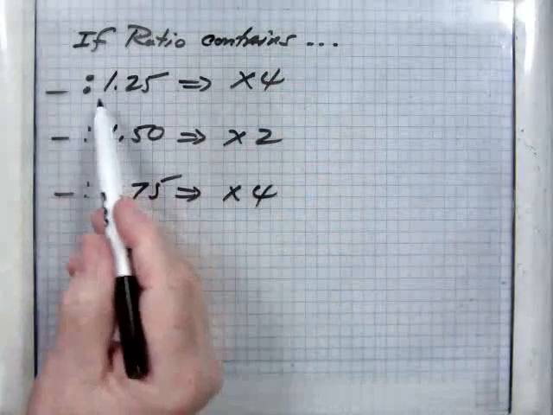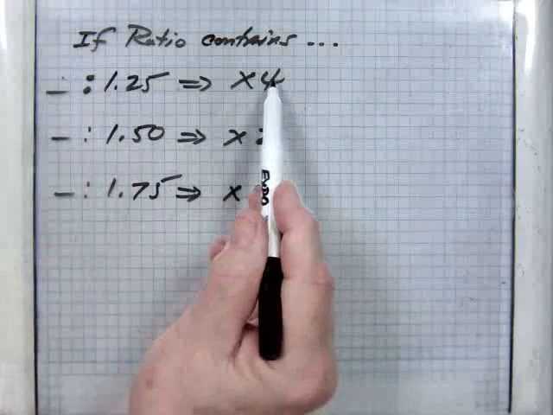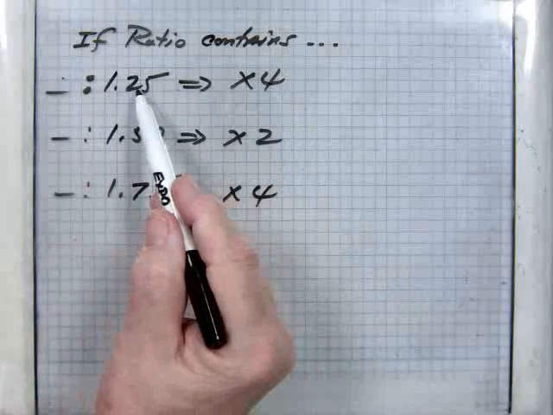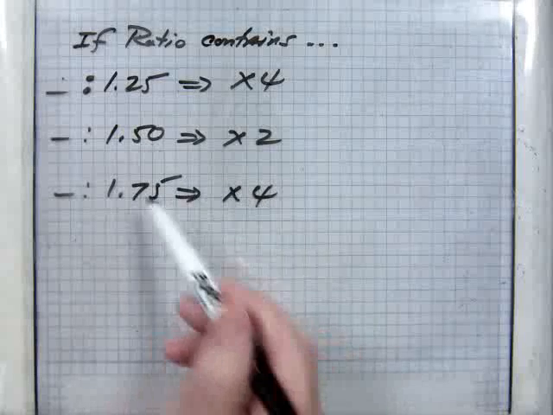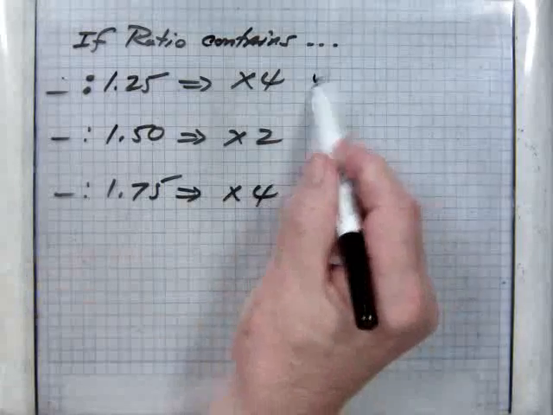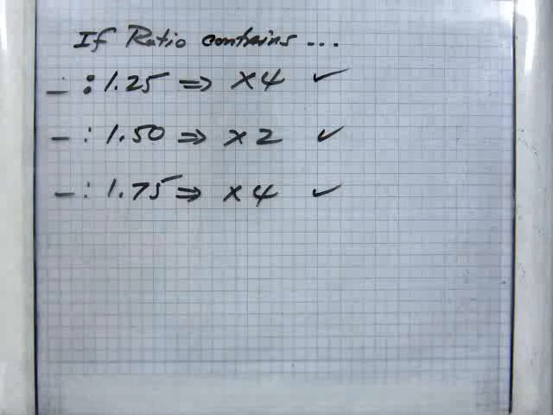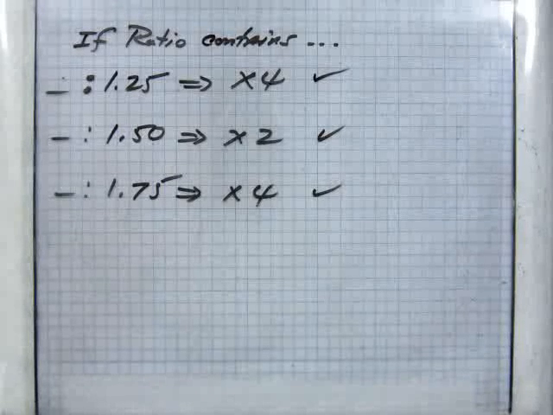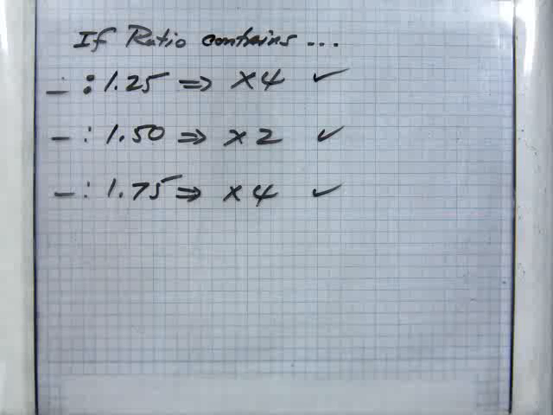So if your ratio is 2 to 1.25, then you multiply everything by 4, because 4 times that will take it to the whole number. 2 times that will, of course, take it to 3, and 4 times that will take it to 7, I think it is. So these are little memory things that you have to take with you into that empirical formula calculation, such that if the ratio comes out containing one of those, you know you have the right to scale it up to the whole number.